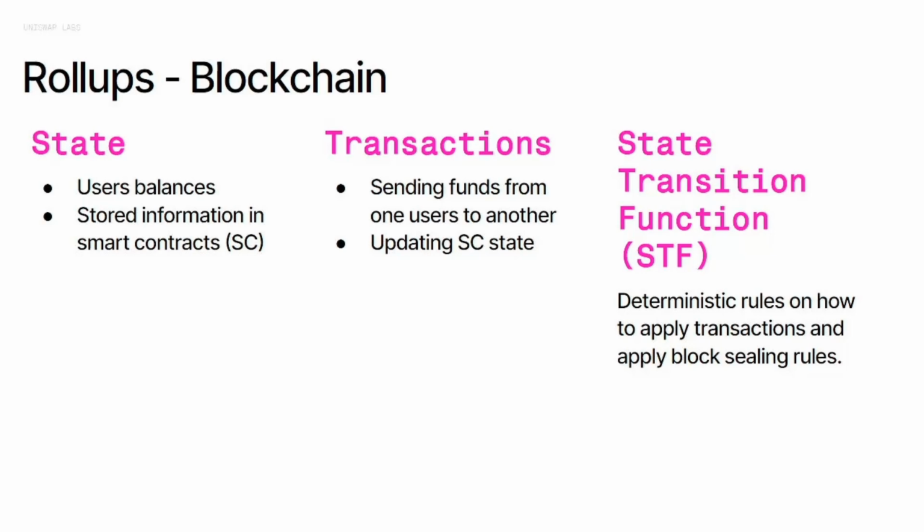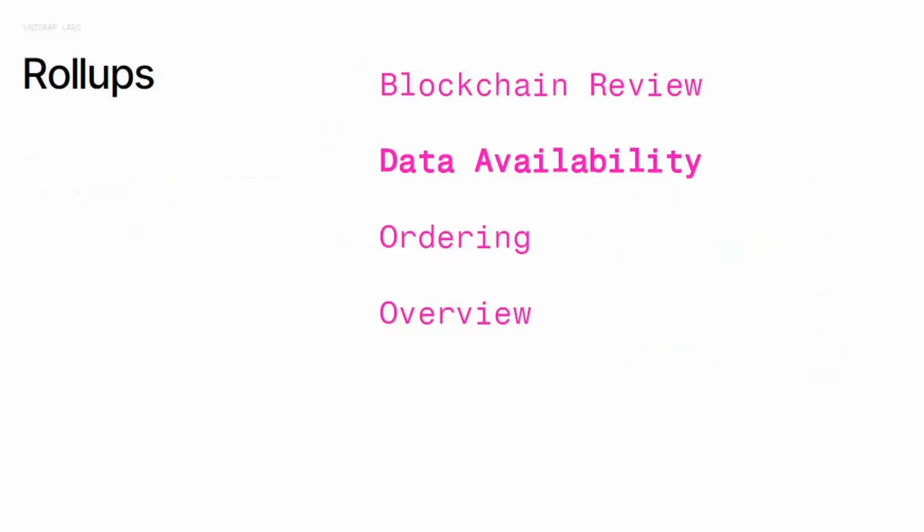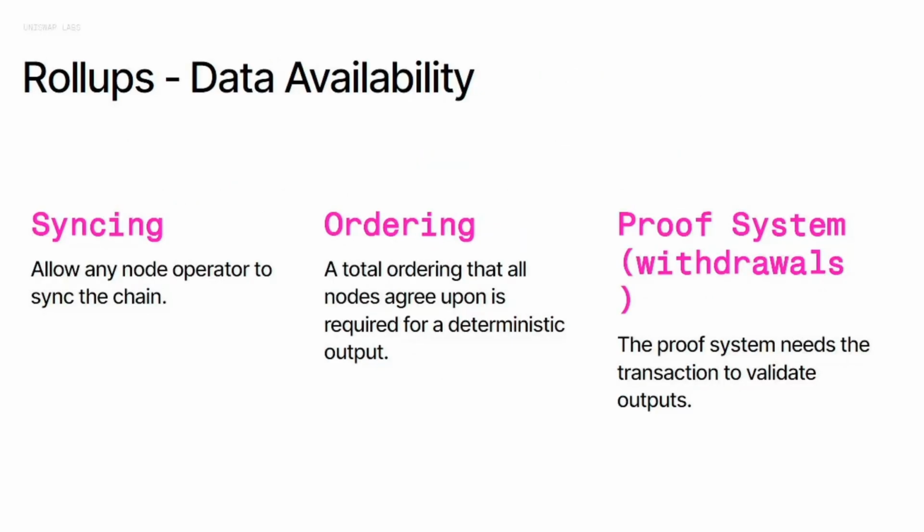If you have every transaction which has recorded what day it's rained, and you just apply all of those transactions, you will have the state at the end. So if you apply every transaction on the chain from a known start state, which is your genesis state, you will end up at the same state. And so it's only the transactions of the rollup which are put on Ethereum. But it's posted as data, right? It doesn't need to be executed. That's correct. We just put the inputs to the transactions.